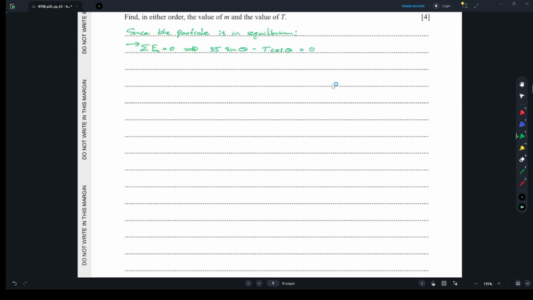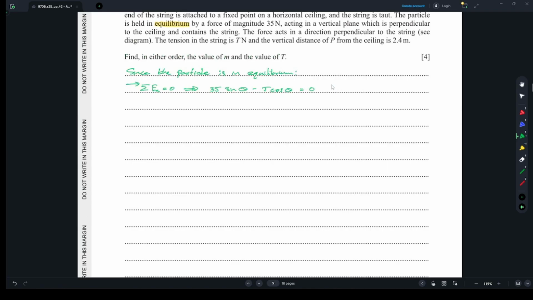equals 0. With this, I can bring T cos theta to the other side. T cos theta is negative, and when it goes to the other side, it's positive. And this side we have 35 sine theta. So I can divide both sides by cos theta. Sine theta divided by cos theta is tan theta, so T equals 35 tan theta.